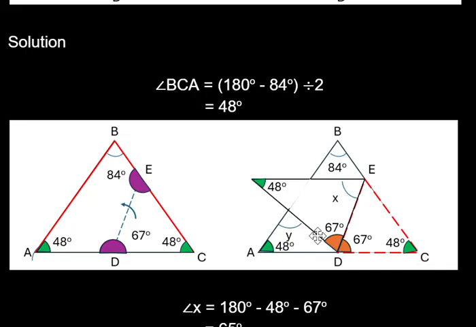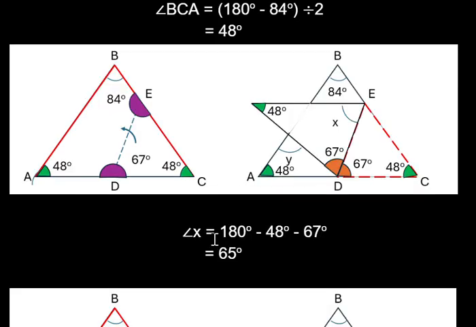Now if you look at this triangle, you already know two angles, so you can find angle X. 180 degrees minus 48 minus 67, angle X is 65 degrees.